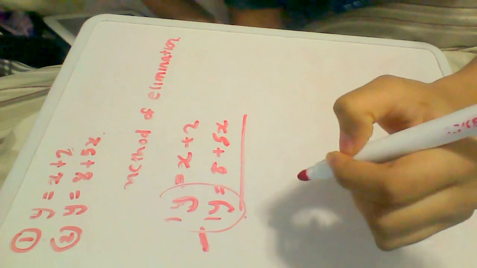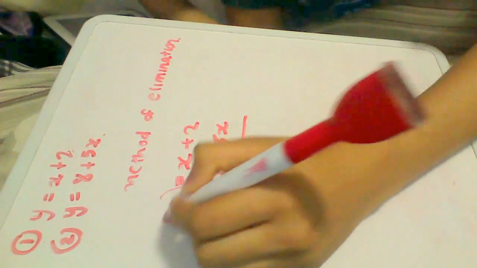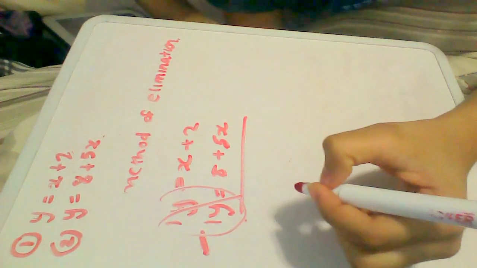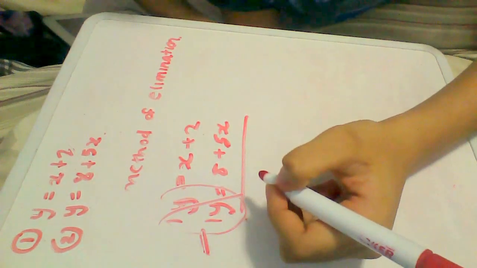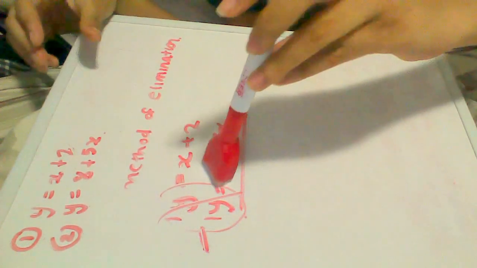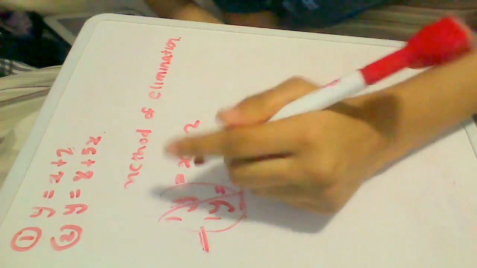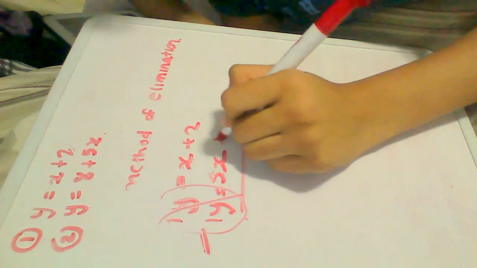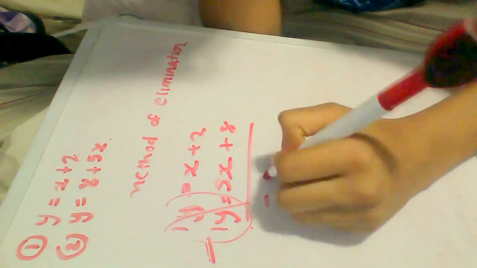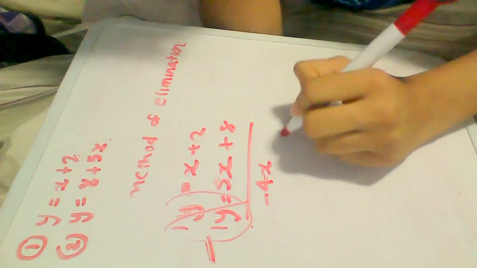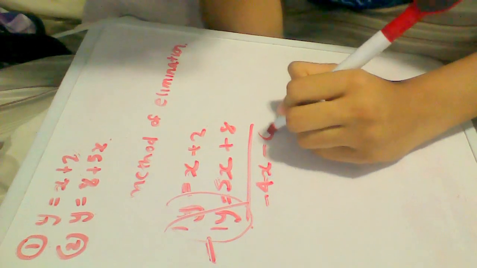They will cancel each other out. So I'm just going to go ahead and cancel this out. So my answer would be, you're subtracting everything else too. So you would do, let me just change this around to make my life easier. So negative 4x, subtract that, negative 6.